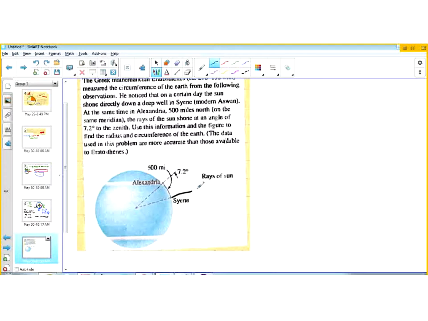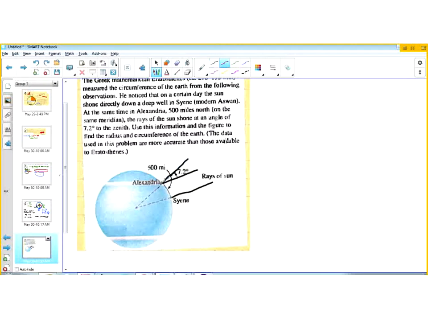Here's the initial side of the angle, and the 7.2 degrees is this measure.